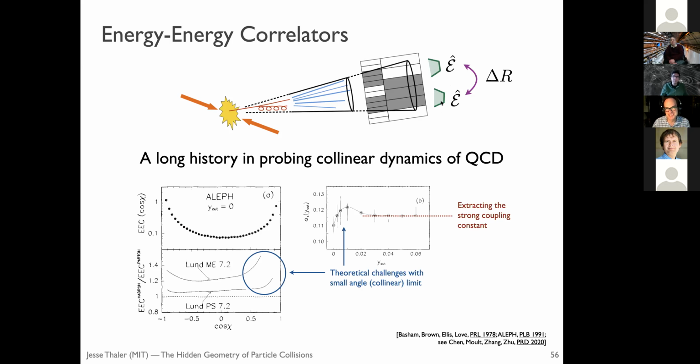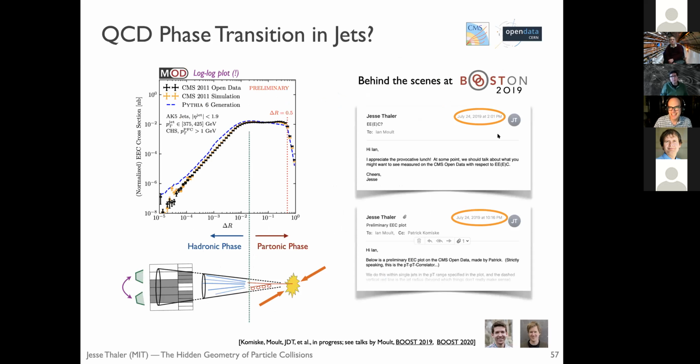What's interesting is that the plots that were made back in the day didn't highlight one of what I think are the coolest features of the extreme collinear limit. We were able to study this same kind of 2-point correlation function with public collider data, in a single afternoon.